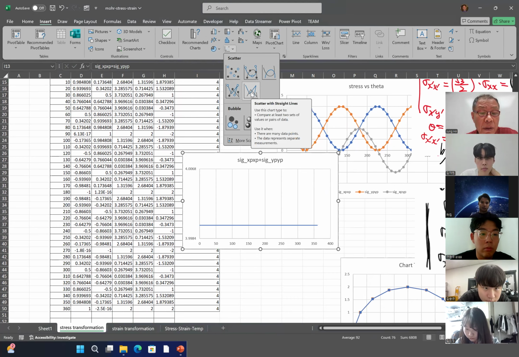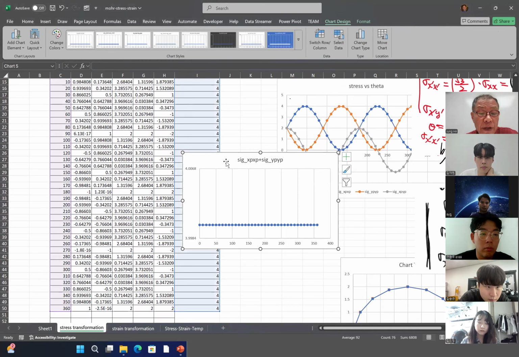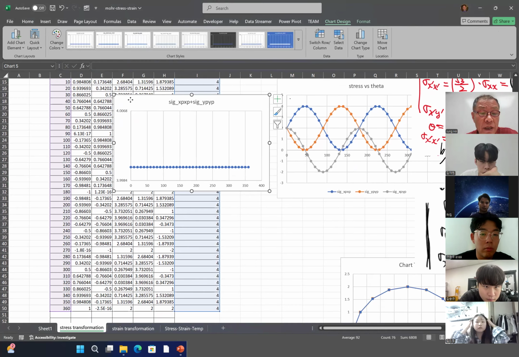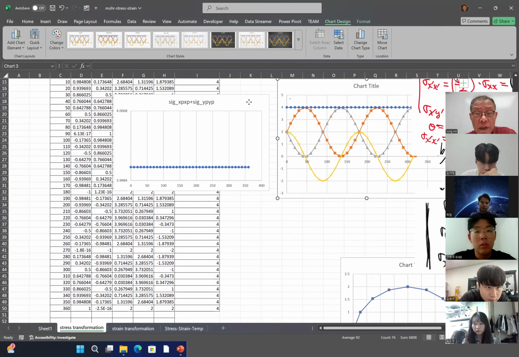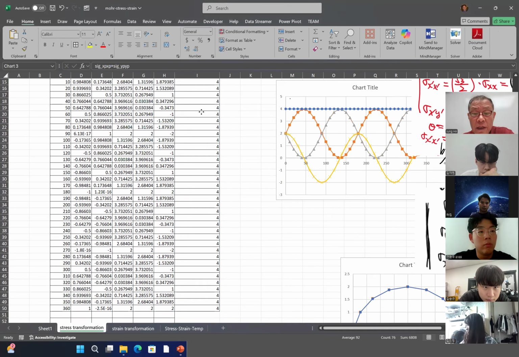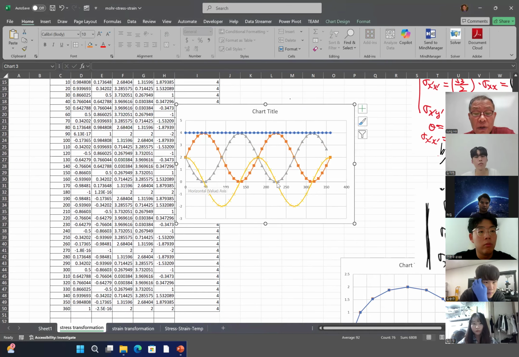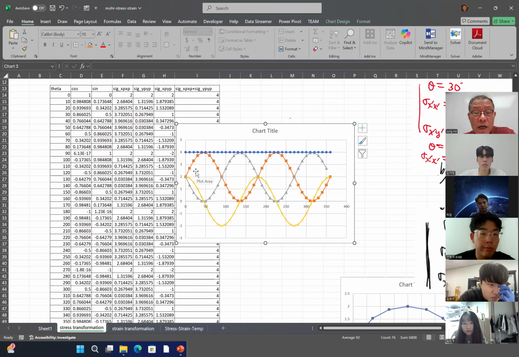So you can plot them. As you can see, this is a constant. I will just copy this one to here so that we can see along the angle variations that sigma x prime, sigma y prime, and also the summation.